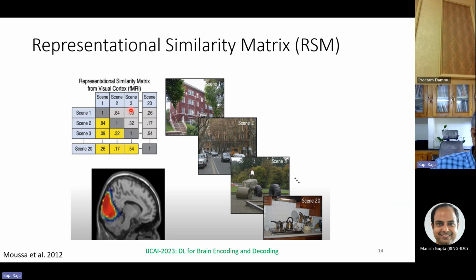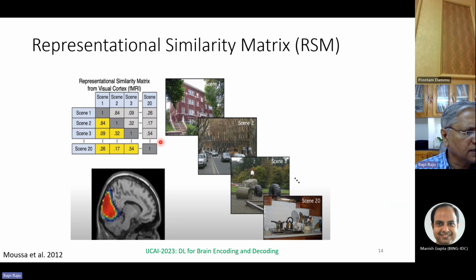Obviously, the diagonal is very high, actually equal to 1, and these cross correlations tell how similar the brain activations are when they are seeing scenes of different kinds.